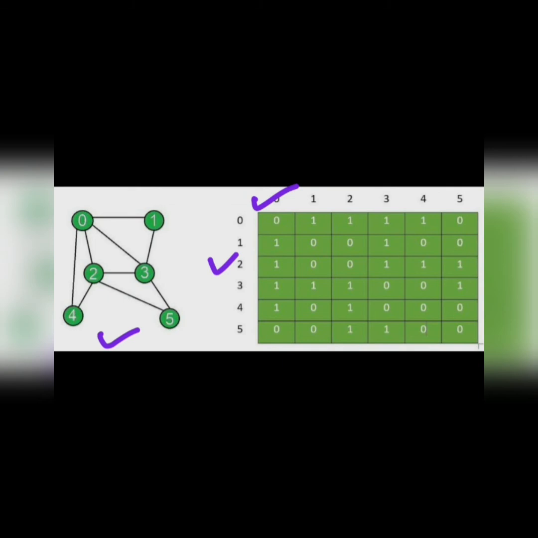If a particular vertex is adjacent to another vertex, the corresponding value will be 1. If a vertex is not adjacent to another vertex, the value will be 0. See, vertex 0 is adjacent to 1, so the value is 1.